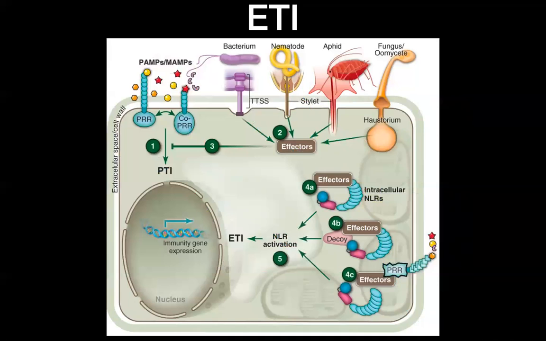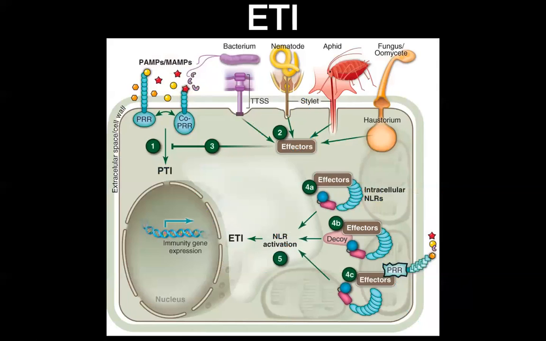Nematodes with their stylet, aphids with their stylet can do similar things. Fungus with a haustorium or mycelium, they can poke through, and basically they're just trying to get through that cell wall so they can start dropping in bombs. They can start dropping in things that are going to cause a negative impact, or effectors, that affect the immune system of the plant and try to stop up the plant's ability to stop it.